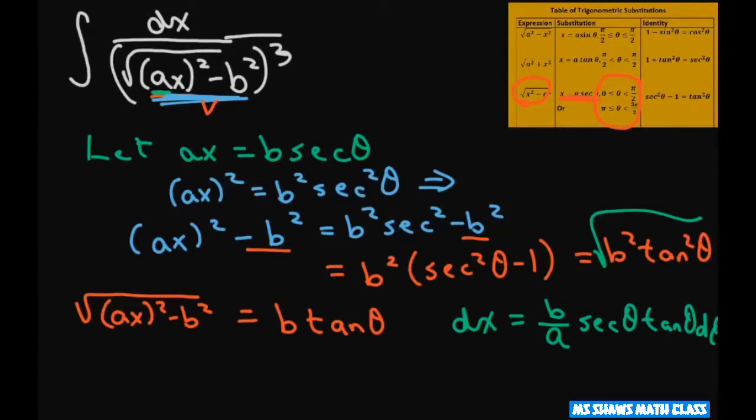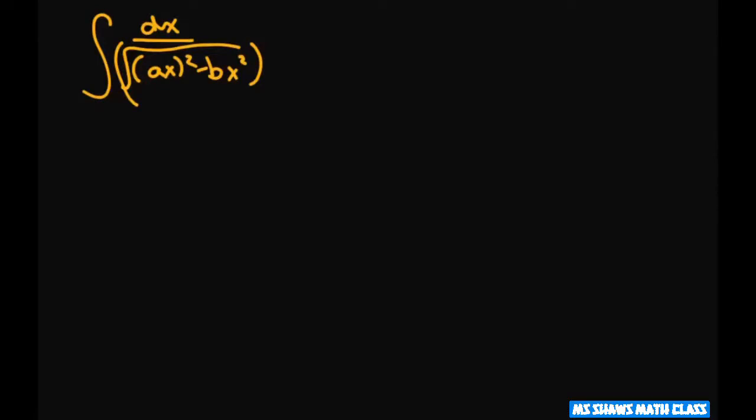All right, so now we can go ahead and integrate this, and we're going to do substitution. The integral of dx divided by the square root of ax squared minus b squared, and the whole thing was cubed.